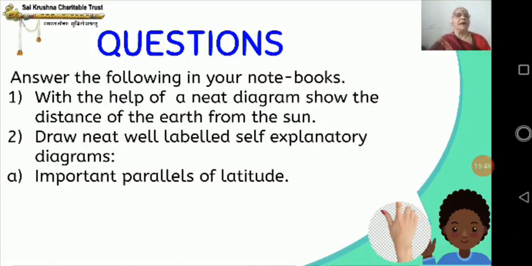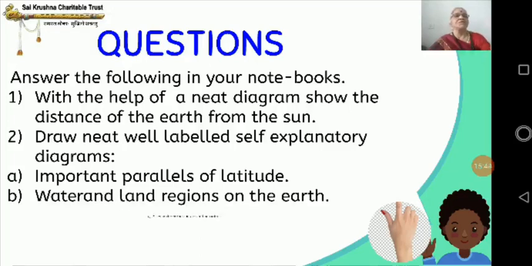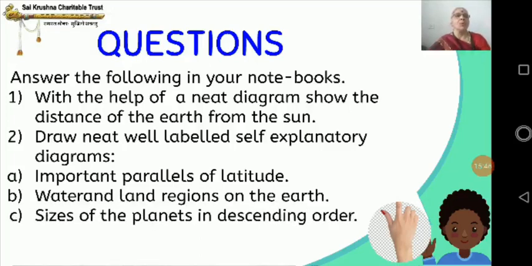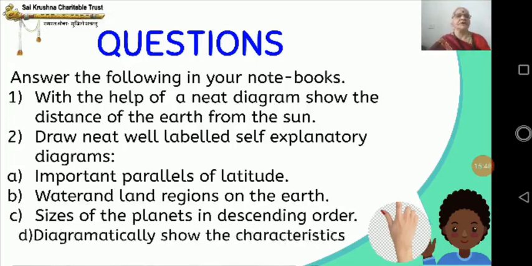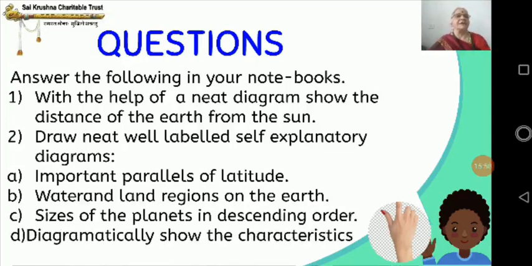Draw neat, well-labeled, self-explanatory diagrams. Important parallels of latitude. Water and land regions on the earth. Sizes of the planets in descending order. And show the characteristics of longitudes in a diagram.